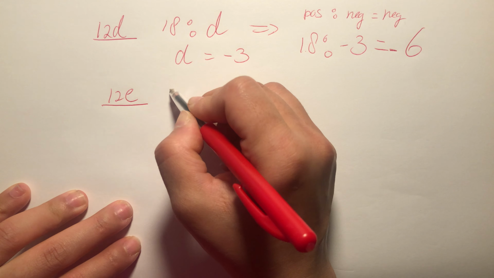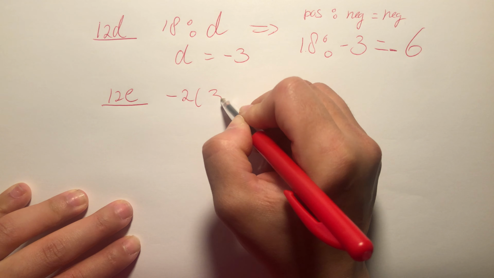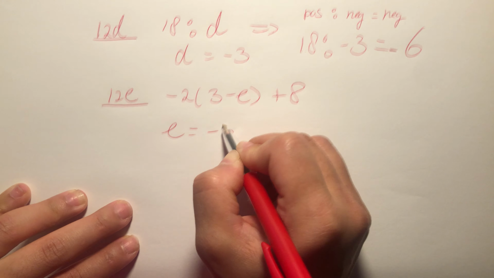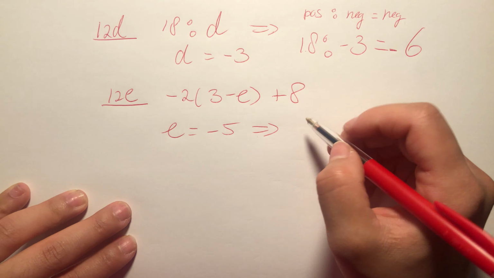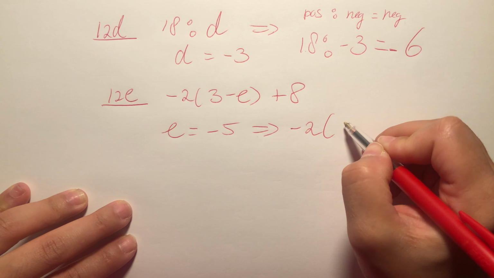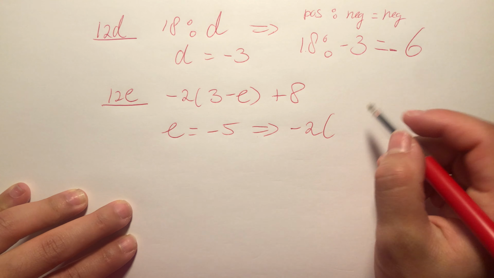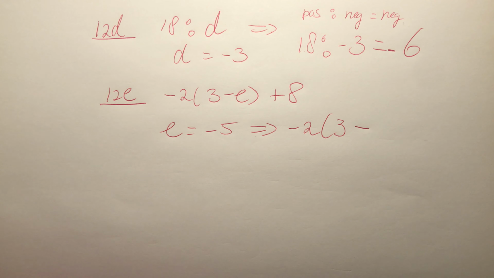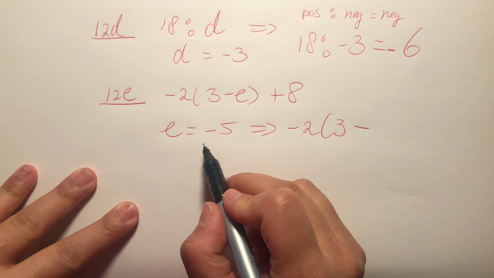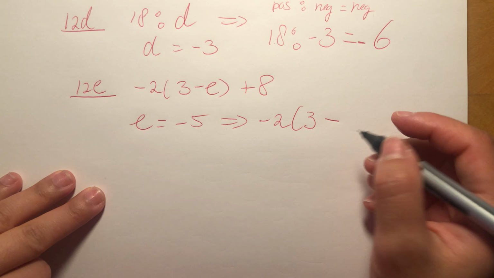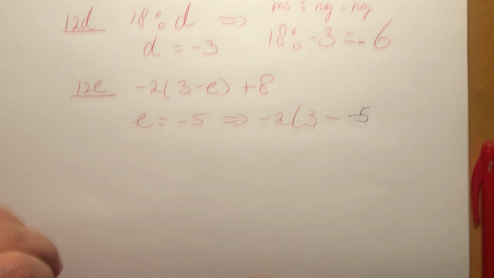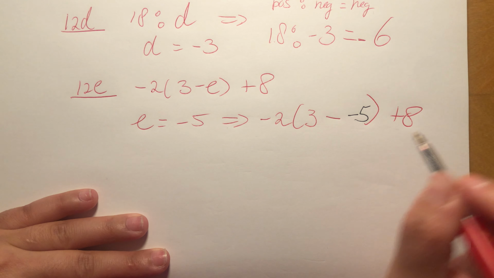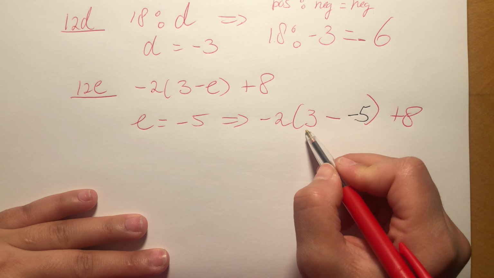12e: minus 2 times (3 minus e) plus 8. E is now negative 5. Okay then. Minus 2, opening bracket. Listen carefully. 3 minus the e. Now we fill in e. E is negative 5, so you literally have to write negative 5. Closing bracket plus 8. All right.